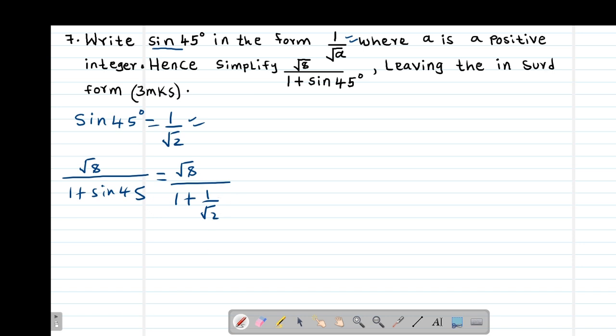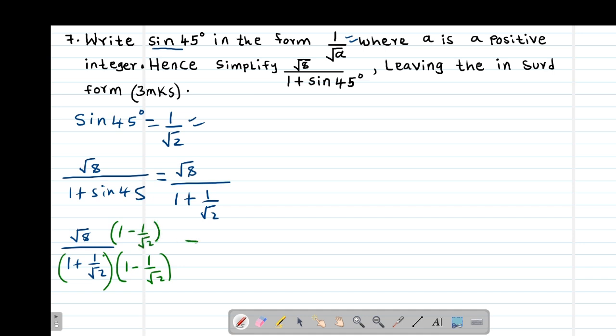So this is the root of 8 divided by 1 plus 1 over the root of 2. The conjugate will simply be the minus, so we multiply by 1 minus 1 over root 2. We also multiply the numerator by the conjugate, which is 1 minus 1 over the root of 2.